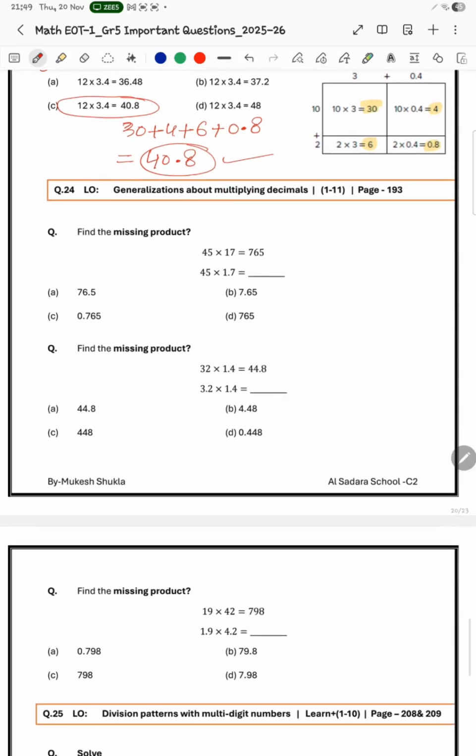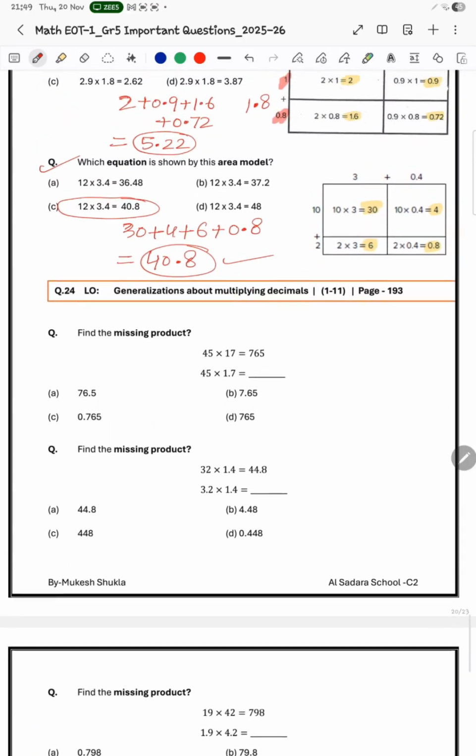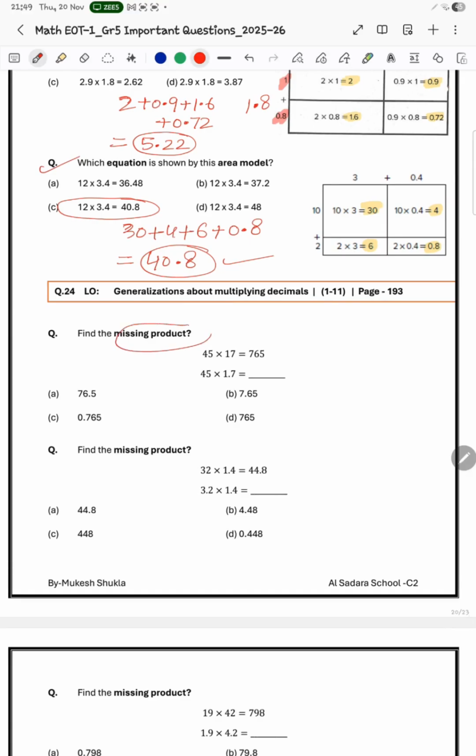And now we are almost completing the target. Find the missing product. It's very simple. One product they have already given: 45 times 17 is 765. Now they are asking the answer for this. Remember, here the digits in the factors are the same.